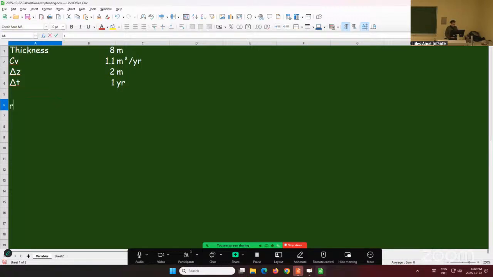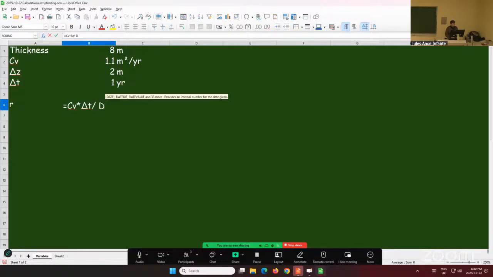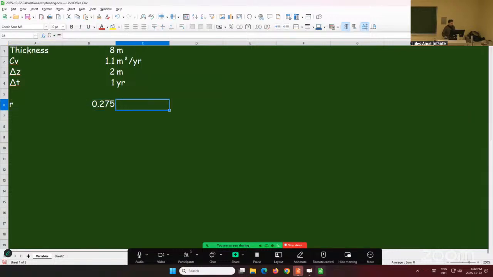And now we have R. R is equal to CV times the T divided by that, and values that we had before.